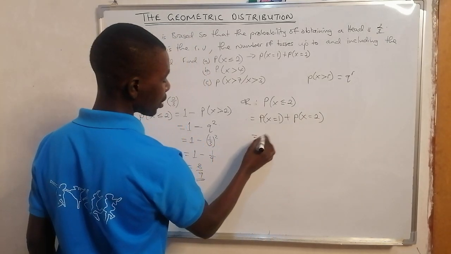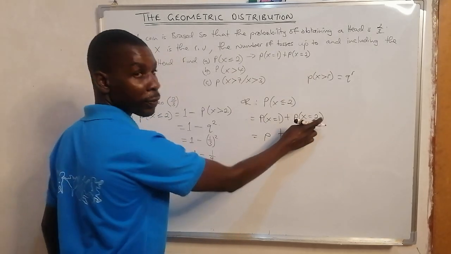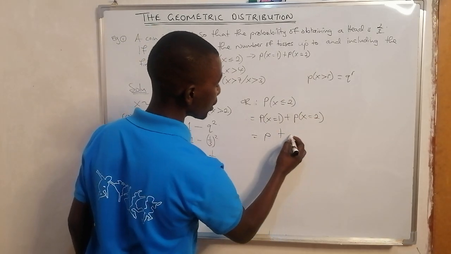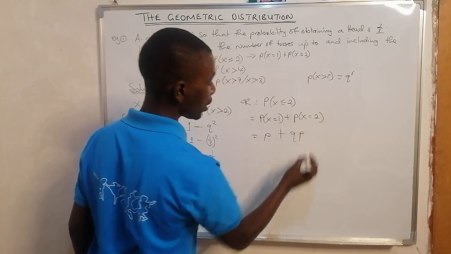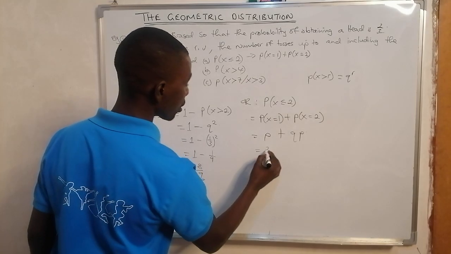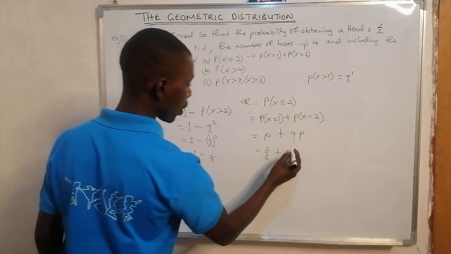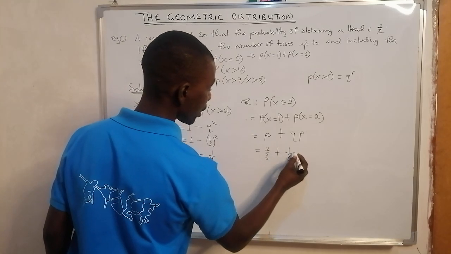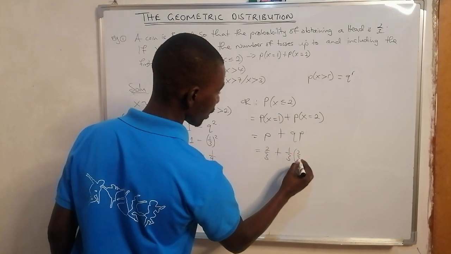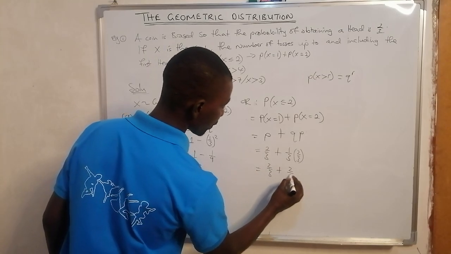Remember, P of x equals 1 is the same as P, and P of x equals 2 is the same as Q times P, right? And our P in this case is 2 over 3 plus our Q in this case is 1 over 3 times P, 2 over 3, which is equal to 2 over 3 plus 2 over 9.